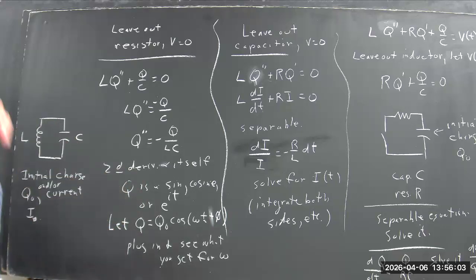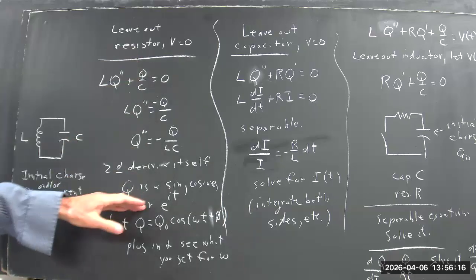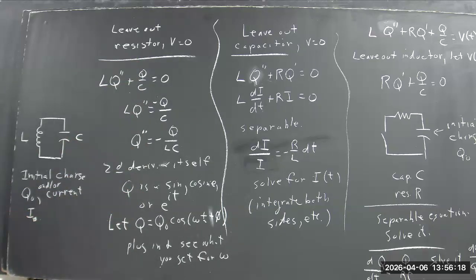It keeps going back and forth forever if you have a superconducting circuit. Okay? Pretty interesting. It's pretty neat. So think about that. Try to understand the details. Try to understand this as completely as possible. It's a big thing. It's like simple harmonic motion in a mechanical system.